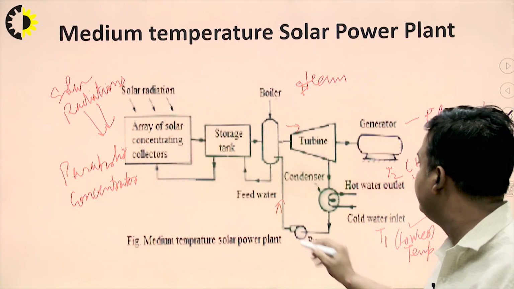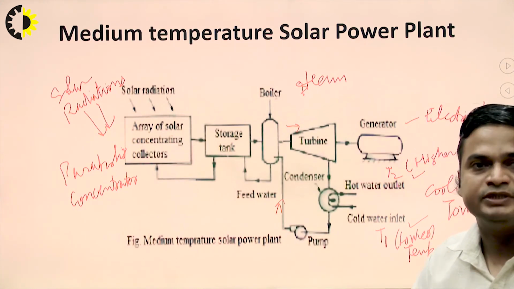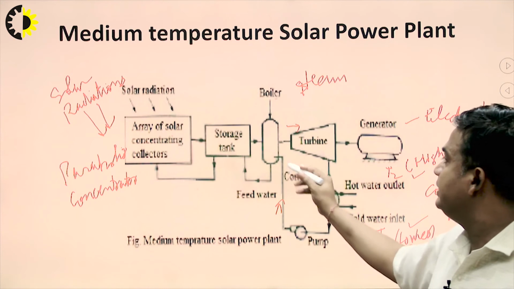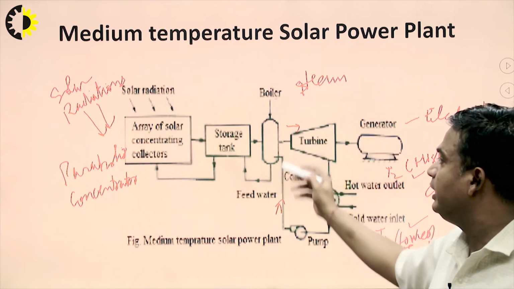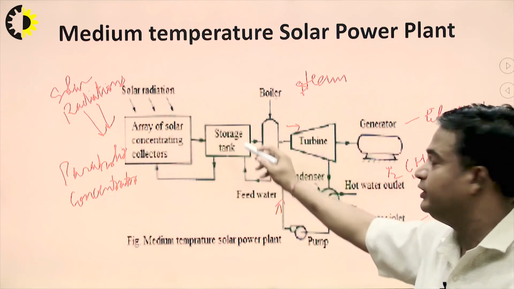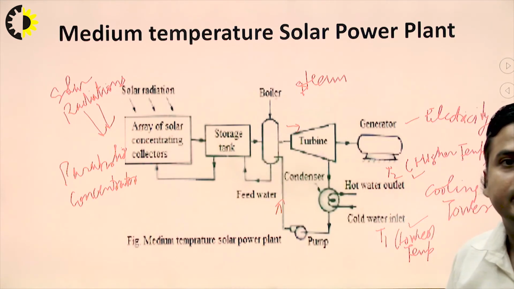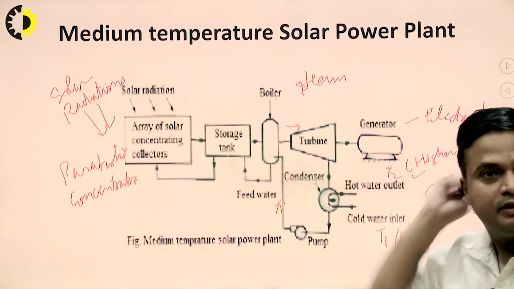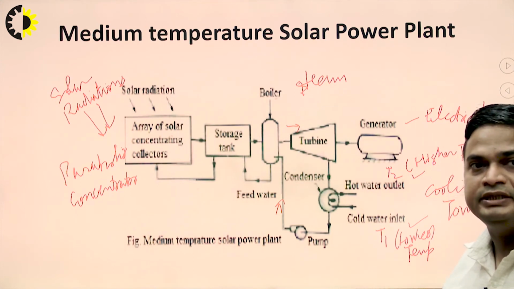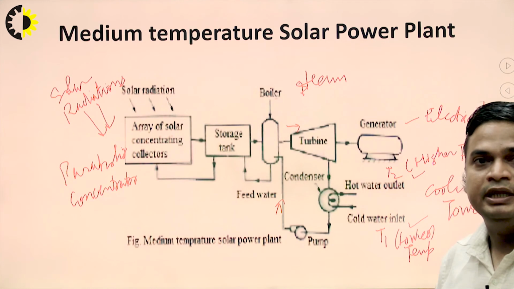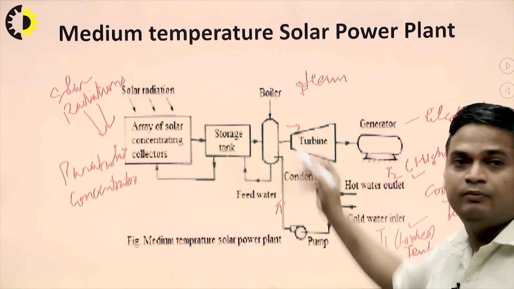This water, the condensed form of steam, takes the energy from the boiler. Sometimes it is fed to the storage tank where the heated water is there, and the water takes the energy, and when more energy is required it is sent to the boiler.